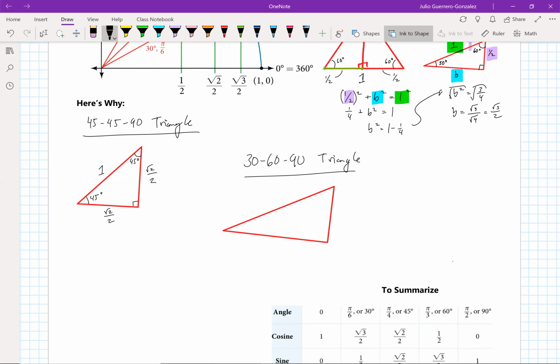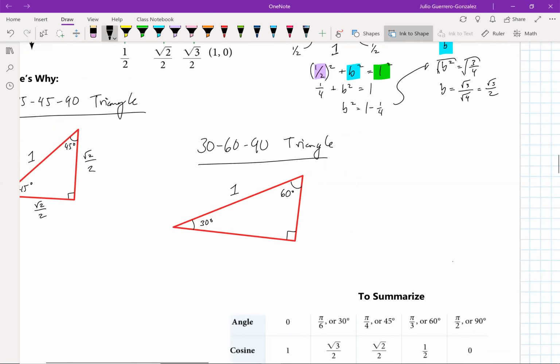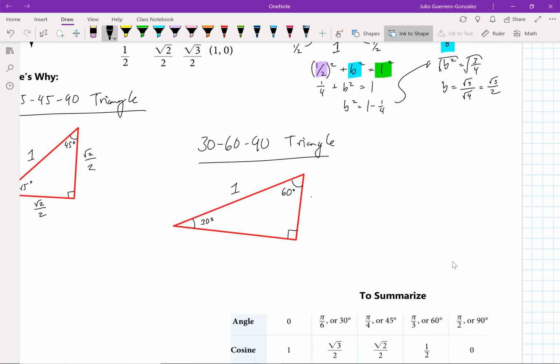So here this angle was 30 degrees. This one was 60 degrees. And this one's 90. The hypotenuse is still 1. But now we know the rest of our legs. So this is going to be 1/2. And this is going to be root 3 over 2.